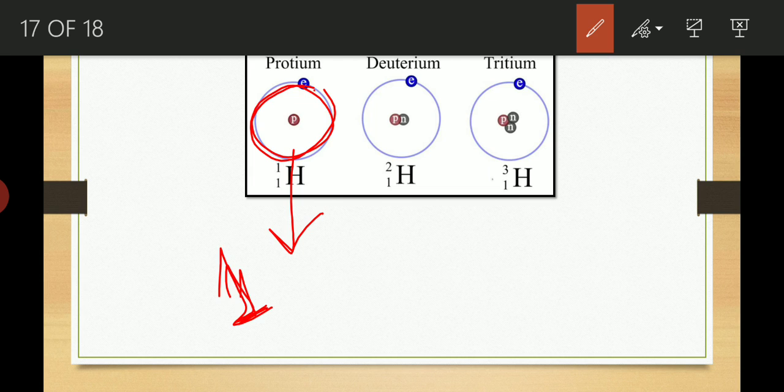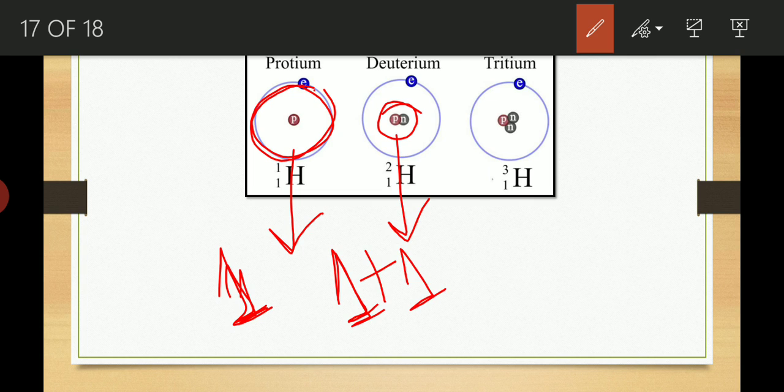The normal one. Next one is deuterium. Here, 1 extra neutron is present. 1 is normally present, and another extra neutron is present. So 2. That is deuterium.